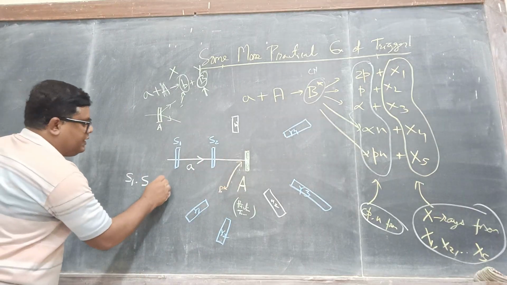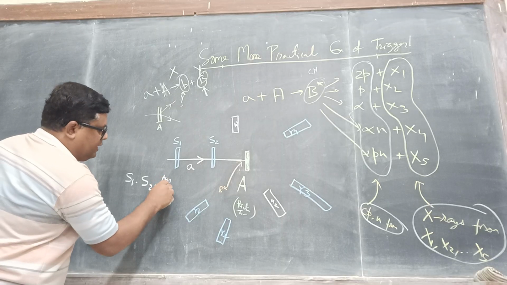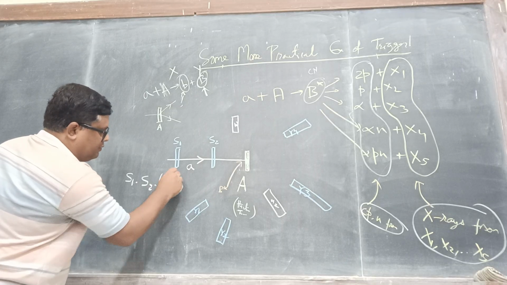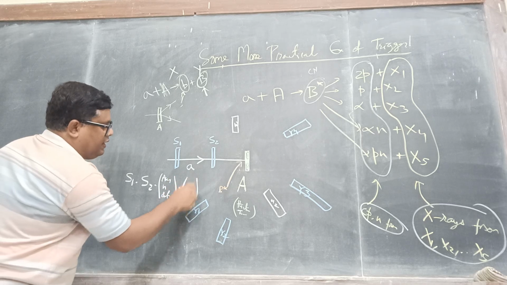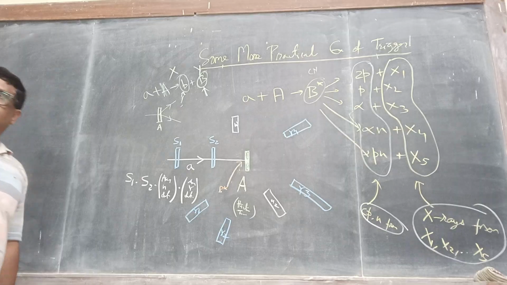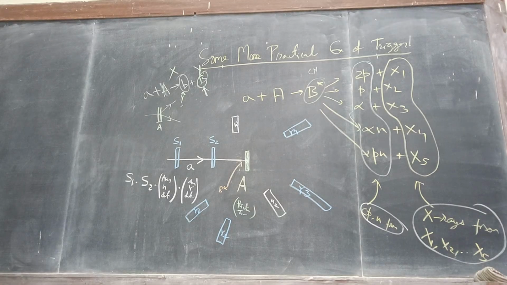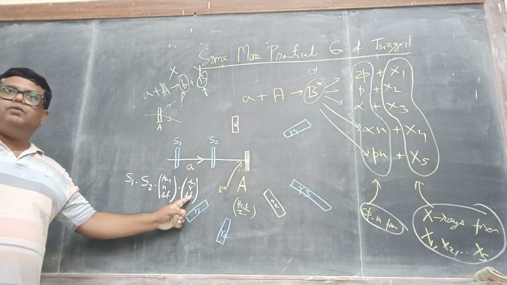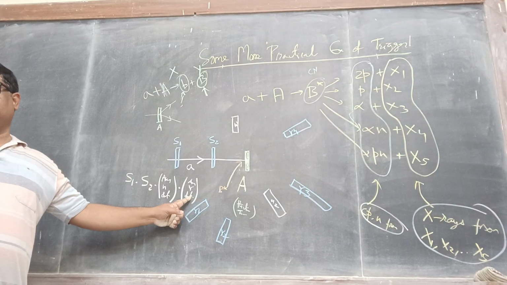So here any neutron detector, any N detector, and here any gamma detector. This is one possible trigger where I am detecting only one gamma ray.